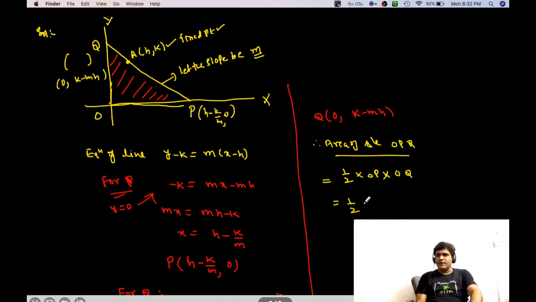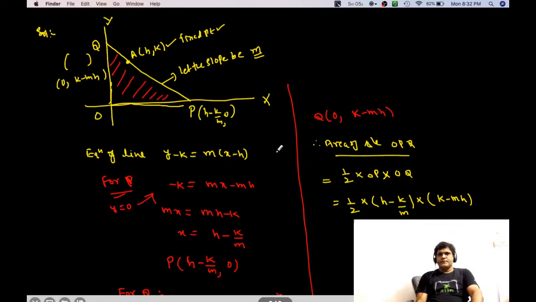This is the first part of the solution, find the area of the triangle. Therefore, 1 by 2 into OP distance, which is the x coordinate of P, that is h minus k by m, into the height, which is the y coordinate of Q, that is k minus mh.